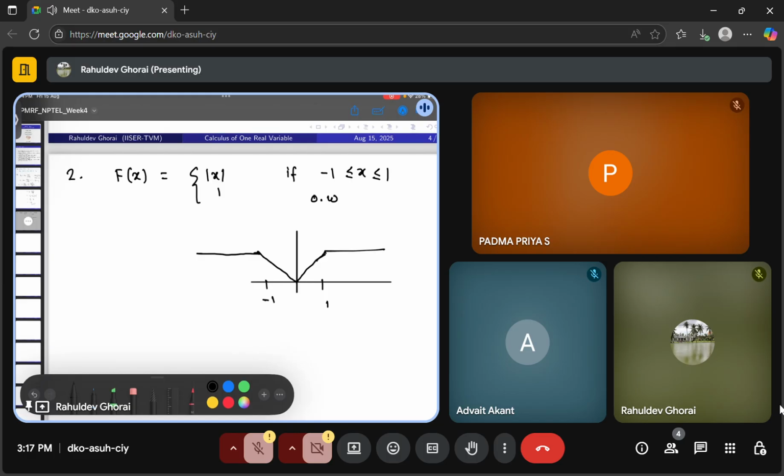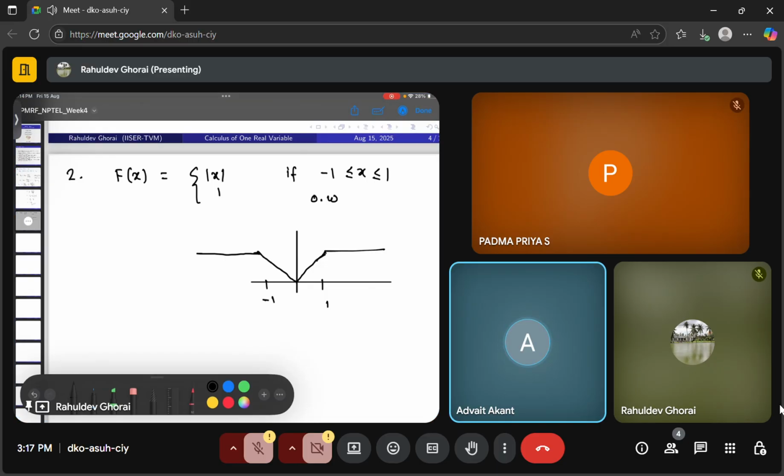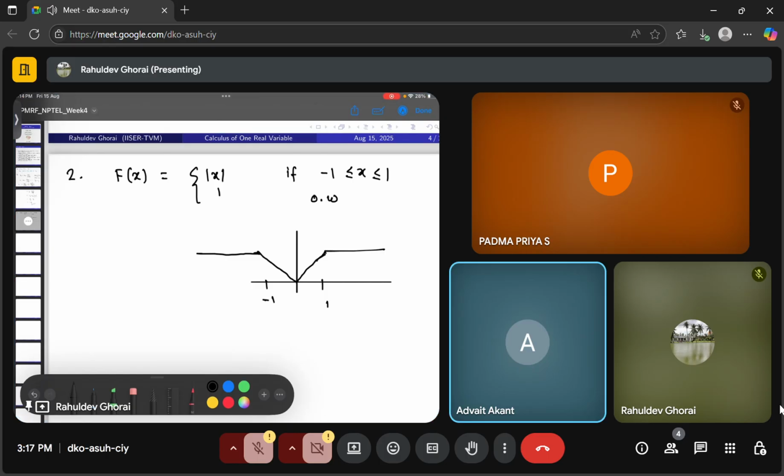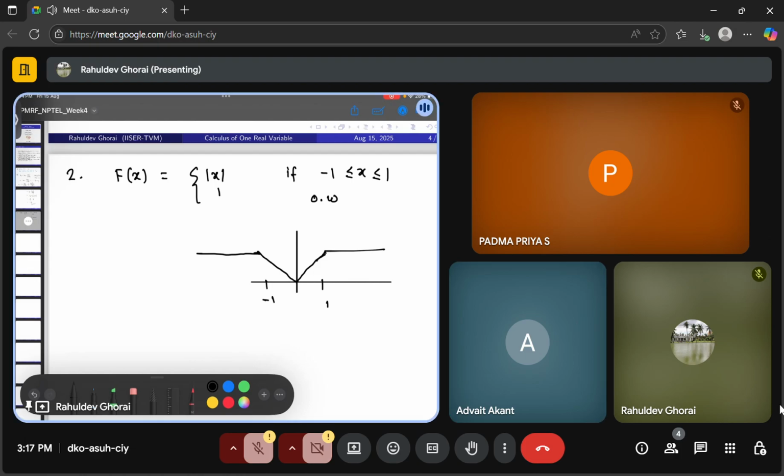Now whether this function is a convex function or not. Yes, it is. Is it a convex function? Yes.